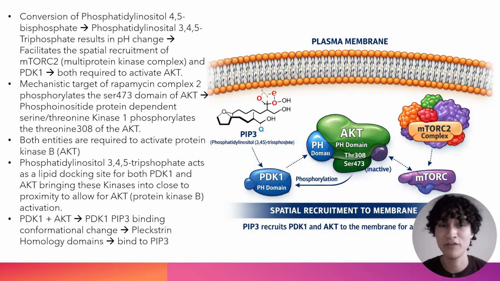Okay, and once the serine has been phosphorylated by your mTOR complex and the threonine has been phosphorylated by your phosphoinositide protein-dependent serine threonine kinase 1 enzyme, you get an active protein kinase B. And then protein kinase B, as I mentioned before, will activate protein phosphatase 1, which will help with glycogen synthase activity, and protein kinase B will also inhibit enzymes like glycogen synthase kinase 3, preventing further inactivation of glycogen synthase.